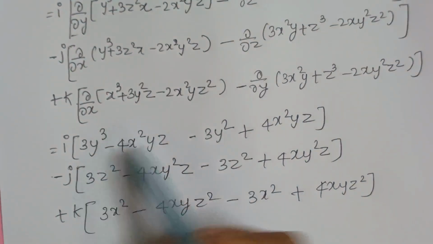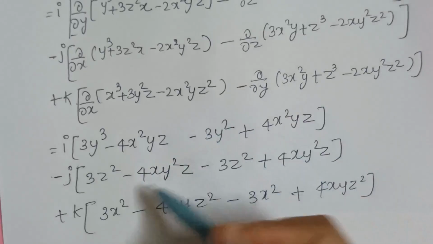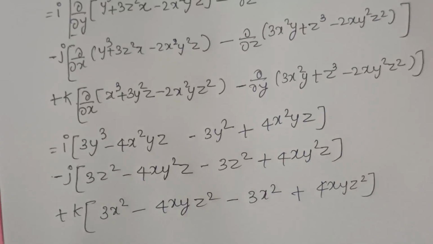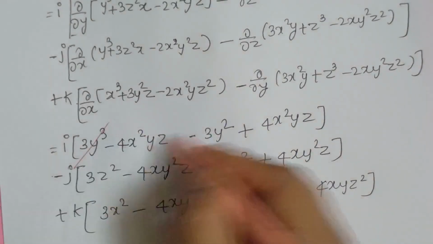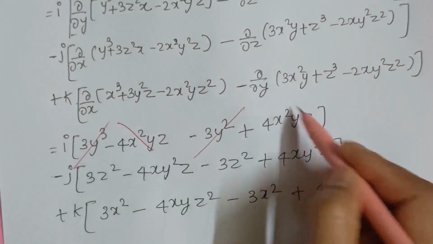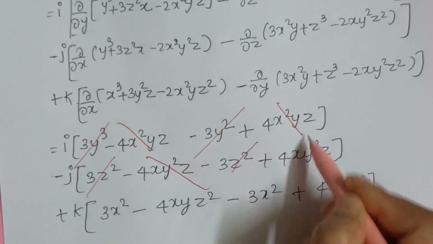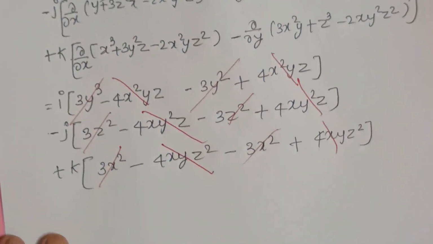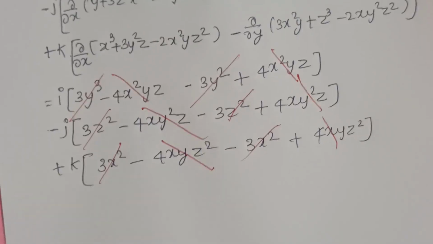Now if you see this and this will get cancelled out, this and this will get cancelled out. I'll use a different color pen. So this is getting cancelled, this and this one is getting cancelled. So they got cancelled, right?